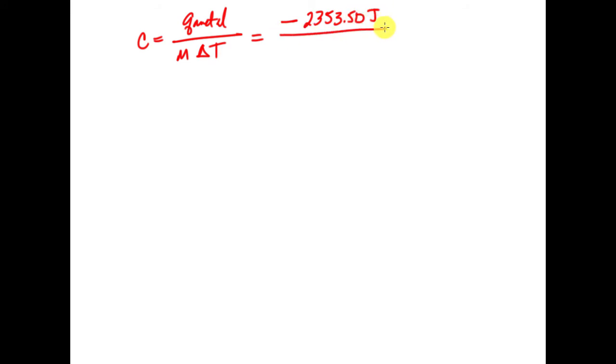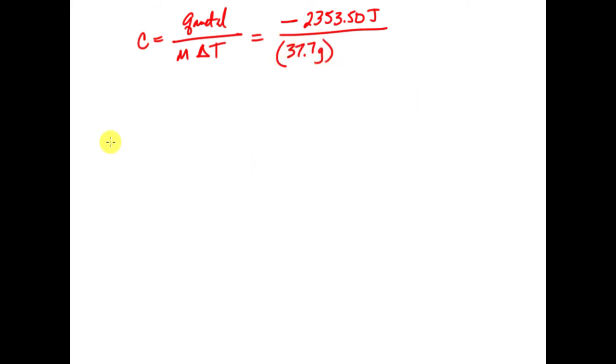So my specific heat is going to be equal to Q for the metal over mass of the metal and the change in temperature of the metal. Now, as I said, I have to do a negative 2,353.50 joules over my mass of the metal, which is 37.7 grams.